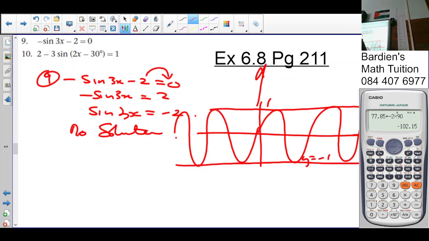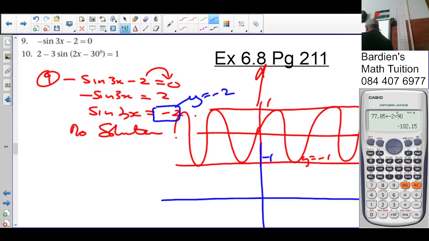Now you must draw the graph y is equal to minus 2. If that is minus 1, minus 2 is here. Can you see that? Which means to say this graph will never cut this line of minus 2. Can you see that, people? That is why it results in no solution.